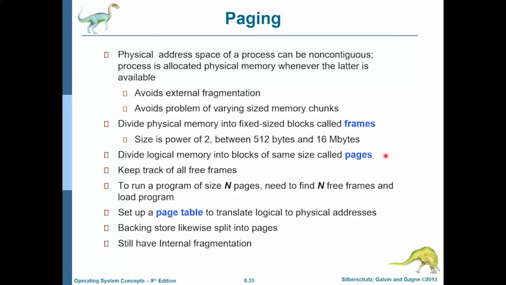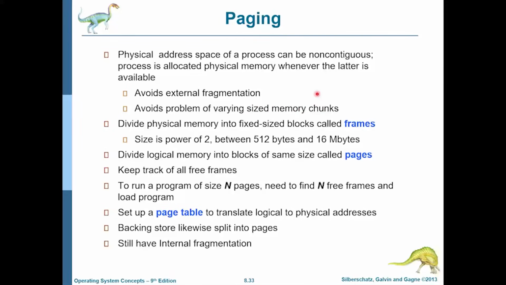We looked at segmentation. Now let's look at the other famous mechanism in which memory can be ordered and managed. It's called paging. It is very similar to segmentation. In segmentation, we could go for non-contiguous physical memory allocation for processes, but each of those segments could be of varying length. So you could still have external fragmentation and all the problems that come with varying sized memory chunks.